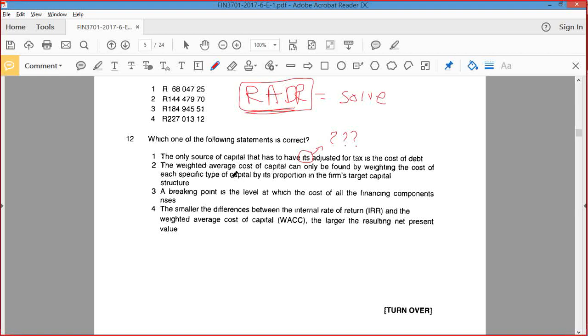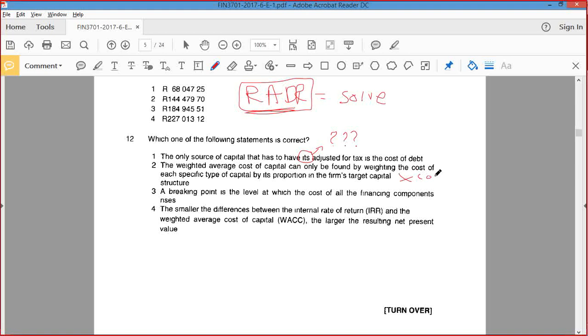The weighted average cost of capital can only be found by weighting the cost of each specific type of capital by its proportion in the firm's targeted capital structure. No, but then you need to multiply it by its cost.